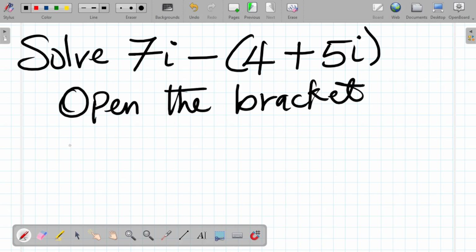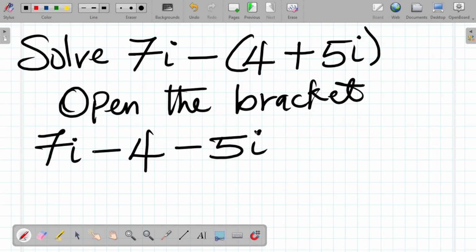If we open up the bracket, we will have 7i minus multiplies 4, it gives us minus 4, and then minus multiplies positive 5i, it gives us minus 5i.